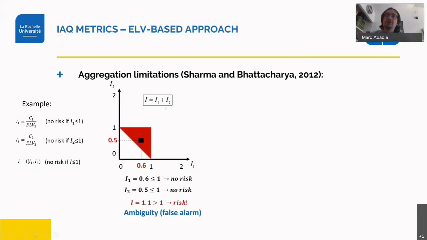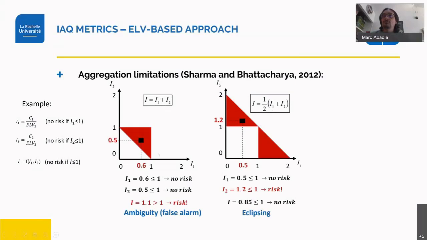So a simple modification could have been to take the average of the two. And this way, you don't have any problem in the first red zone, but some new red zone appears. And then here we have the opposite reaction for the aggregation. For pollutant 1, there's no risk. For pollutant 2, there's a risk higher than 1. And the aggregated index shows no risk. So here it's what they call eclipsing, which is another problem.